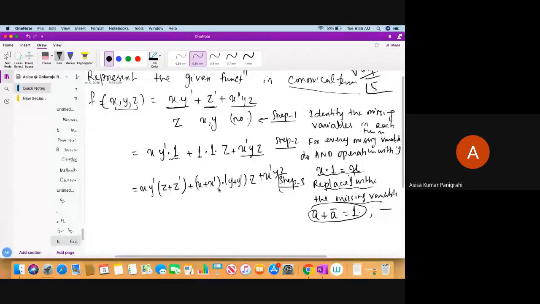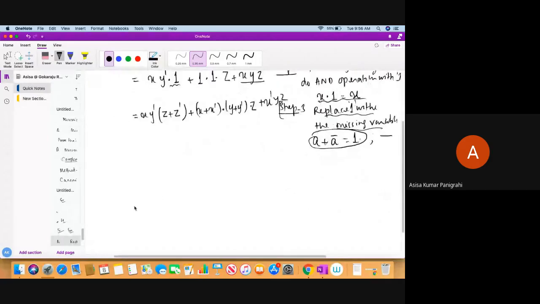Next, I just use the distributive law. Step 4 is telling me to apply the distributive law. So what is the distributive law? Simply, if you have done this, this will be X, Y bar, Z. Next, X, Y bar, Z bar.